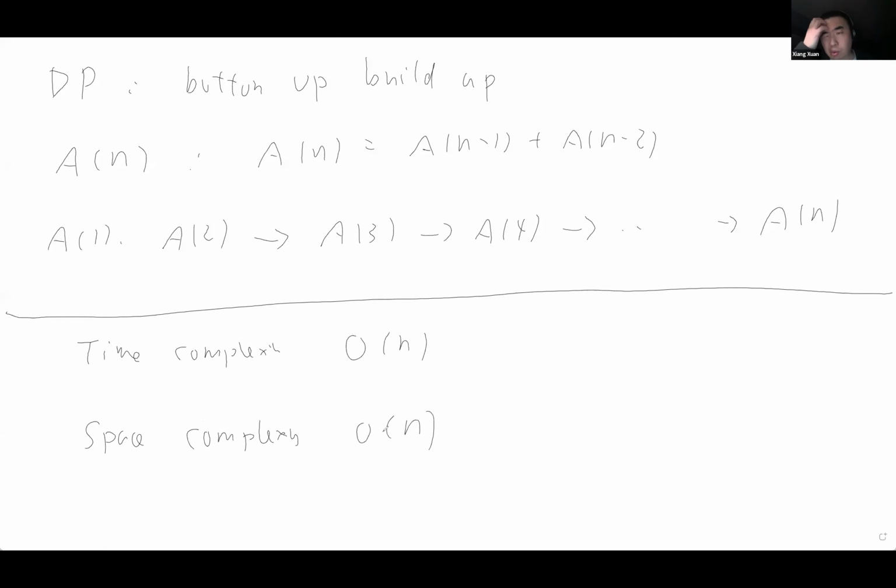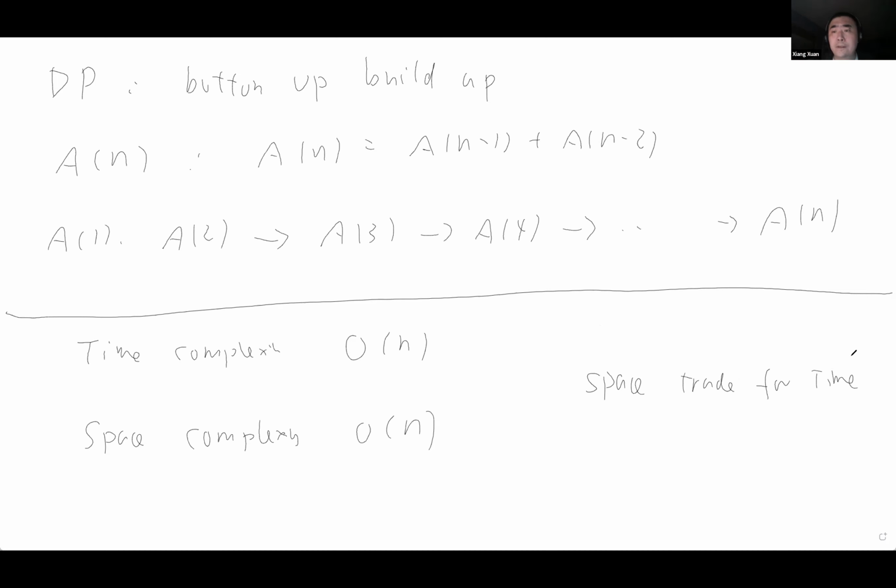And that's the reason DP and recursion with memorization are sometimes described as using space to trade for time, right? So both essentially trade space for time. Okay, so far so good.